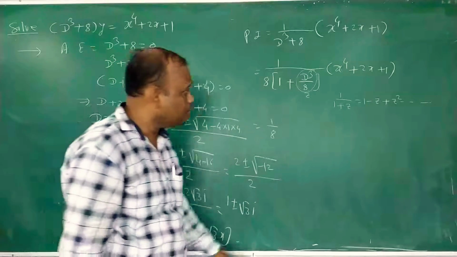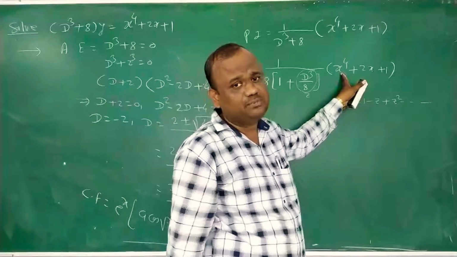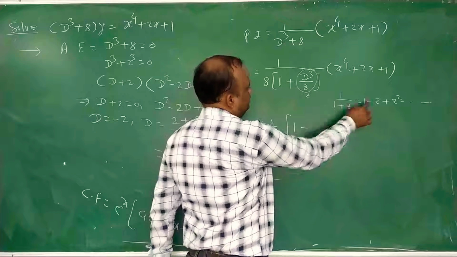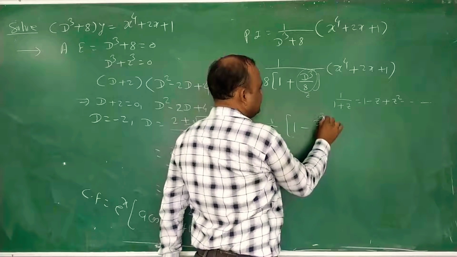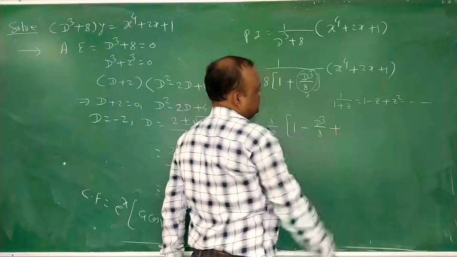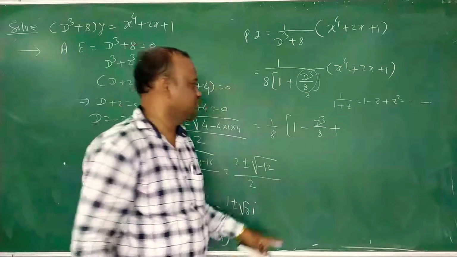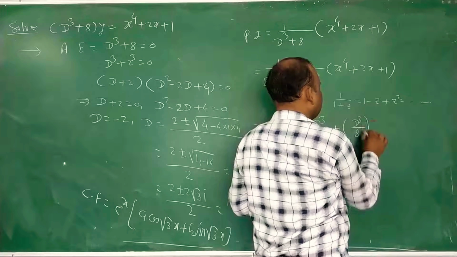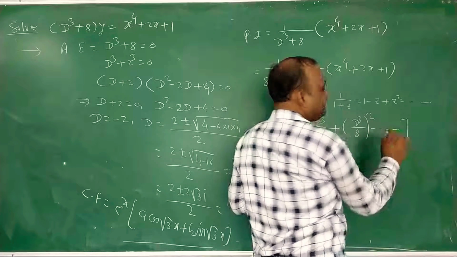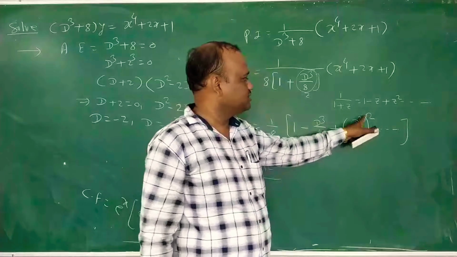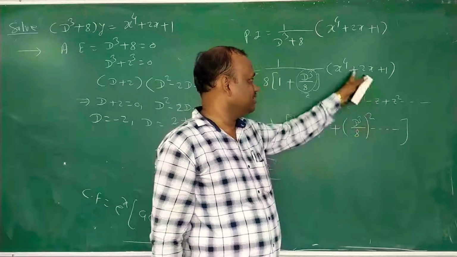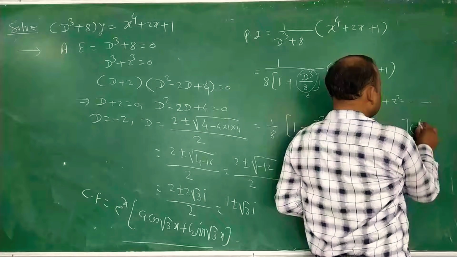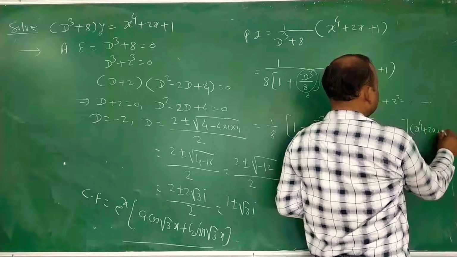Why? Because the fifth derivative of this polynomial is 0. So 1 minus z, that is D cube by 8, plus z square, that is (D cube by 8) square, minus and so on. Neglect higher terms. Why? D cube square, that is D raised to 6, and the sixth derivative of this polynomial is 0, so don't write the remaining terms, into x raised to 4 plus 2x plus 1.